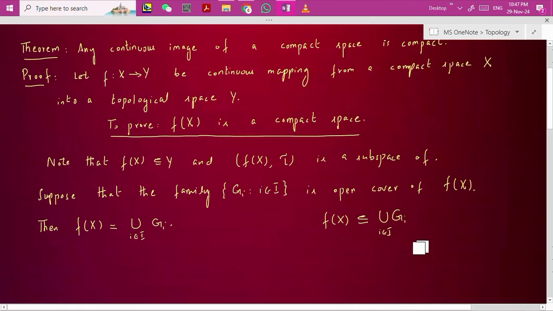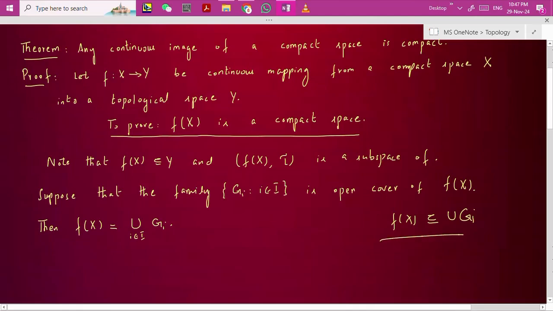So you can write either of these things, it doesn't matter, because this equality is a consequence of the inclusion, that is f(X) subset of the union of G_i. Basically, by the definition of open cover, the authors of the books write in this way.